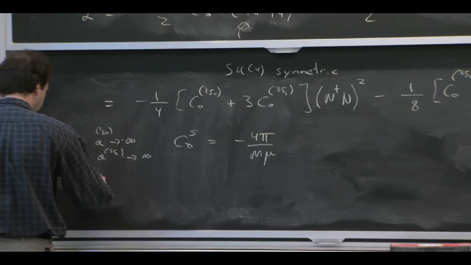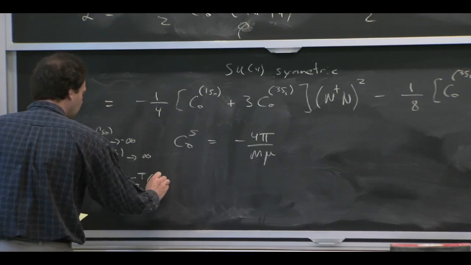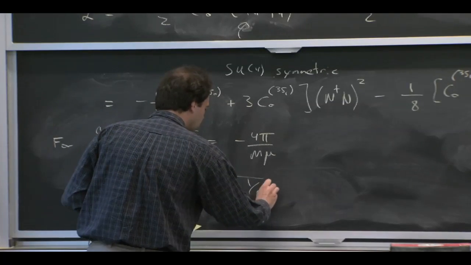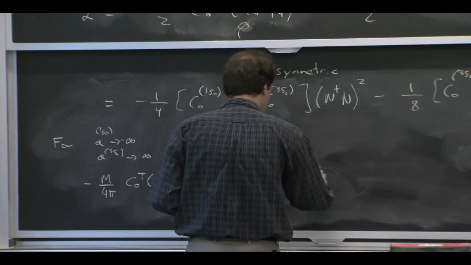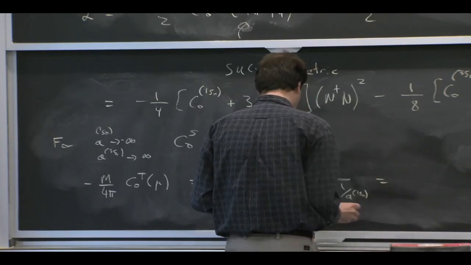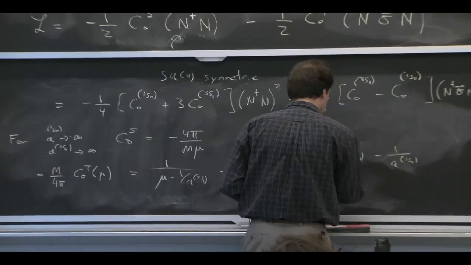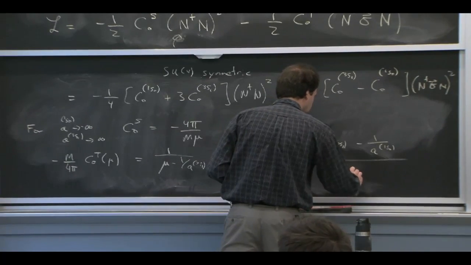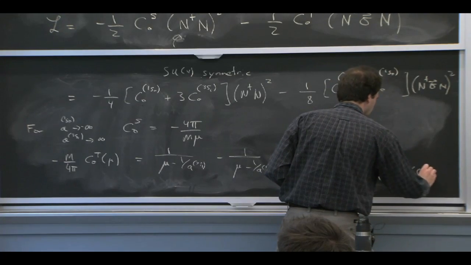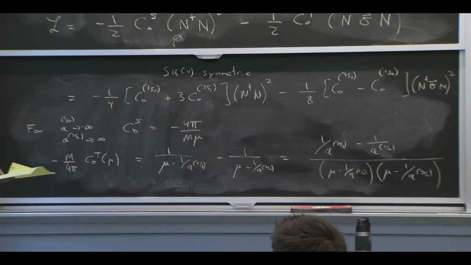And then the triplet one, if we work out the combination from the formulas we had last time, we see that as the a's go to infinity, this coupling vanishes.